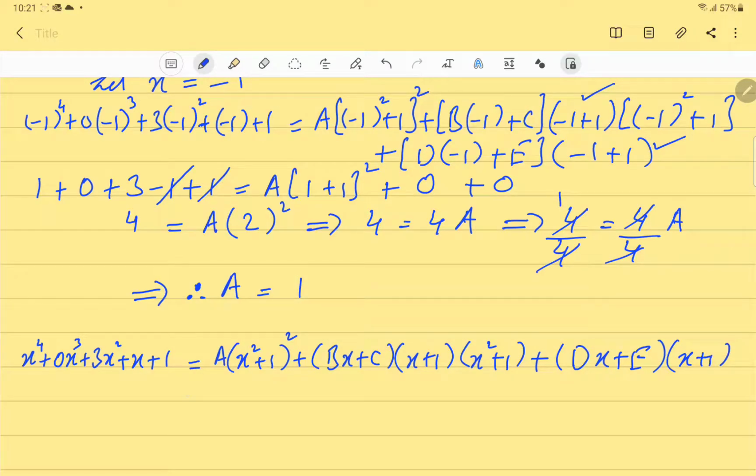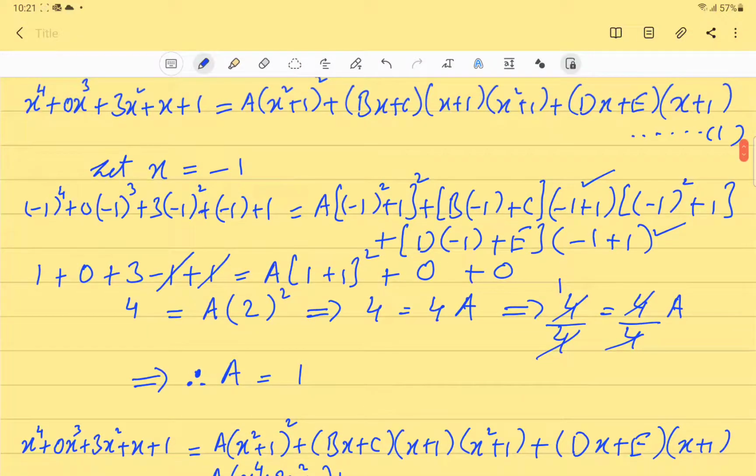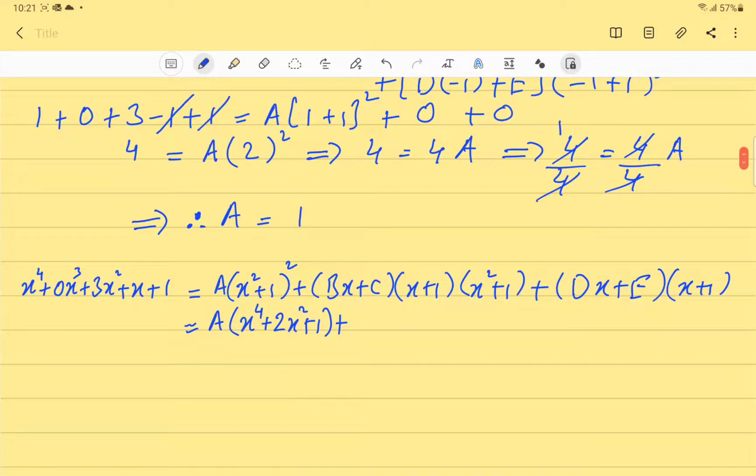Let's simplify it. We'll open the square first. x raised to power 4 plus 2x square plus 1 plus (bx plus c).